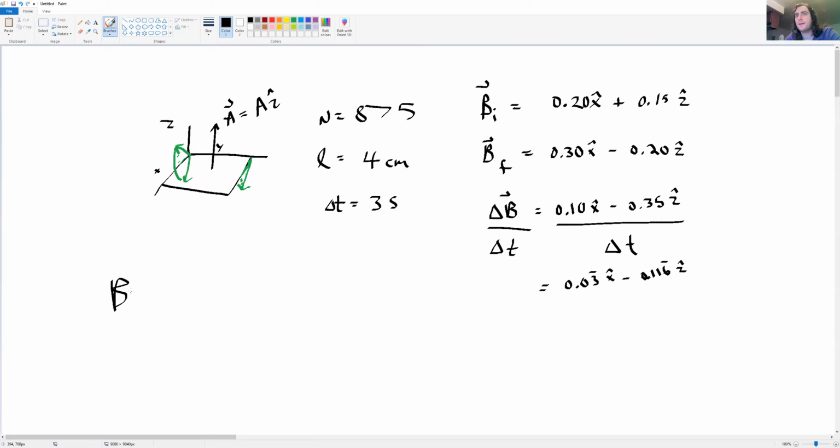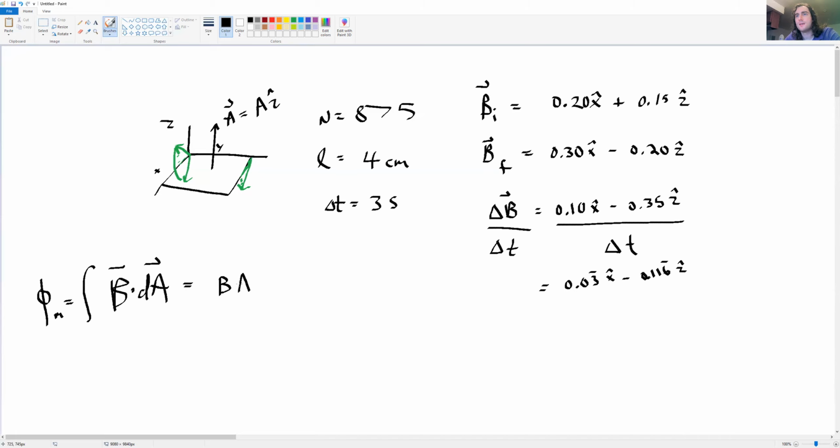So when we calculate the integral of B dA, we know what A is, it's constant in the z direction, and we know what B is and what delta B over delta t is. So this is the flux.